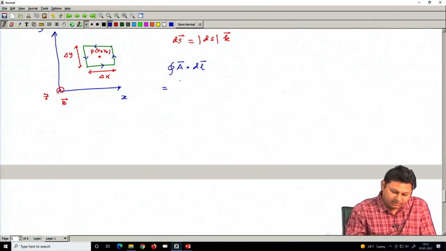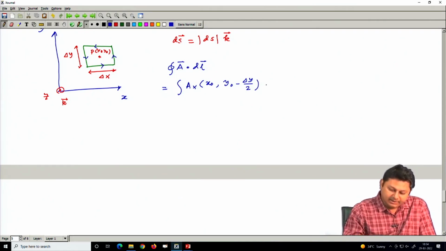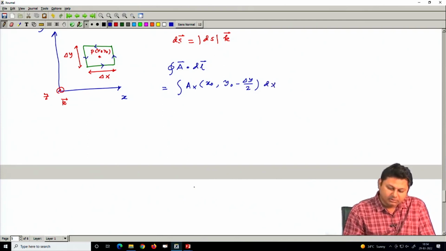So, this is integration of, like before, A x, then x0, and let us start with this lower one. So, it is y0 minus delta y divided by 2. Okay. So, that is the x component of the vector field along this direction, because I am making a line integral, mind it, and then dx. Okay, that is for this line.